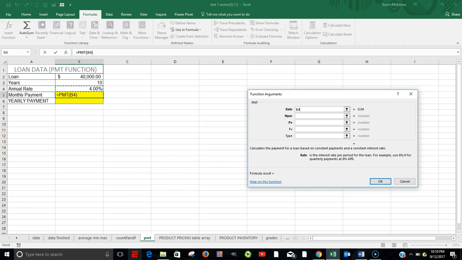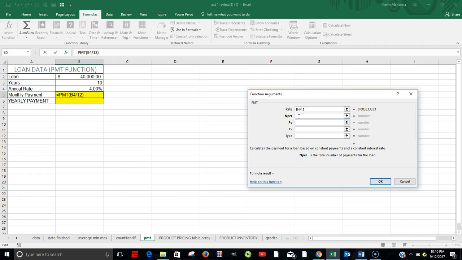So as such, because it's monthly payments, you need to take that interest rate and divide it by 12. If it were quarterly payments, it would be the interest rate divided by 4. And once again, this is explained right here. The first line, we're taking our interest rate, 4%, which happens to be in B4, divided by 12.